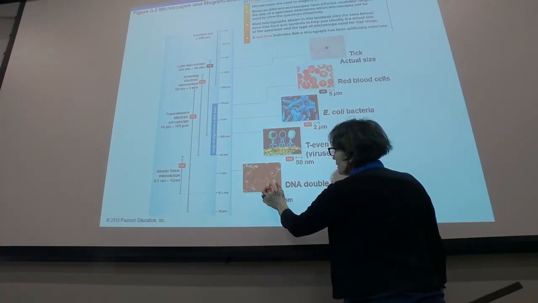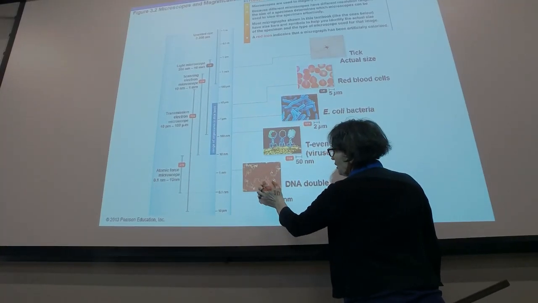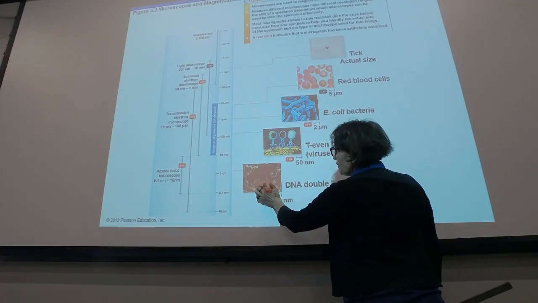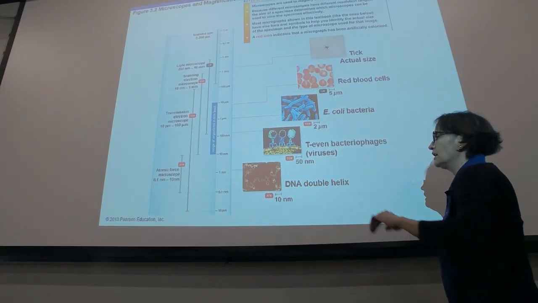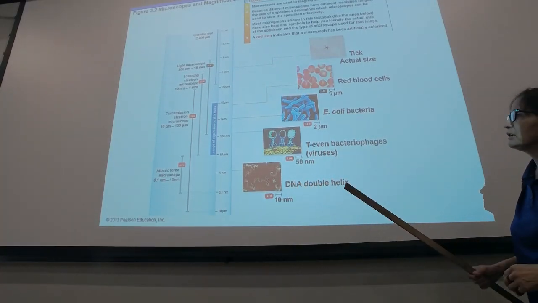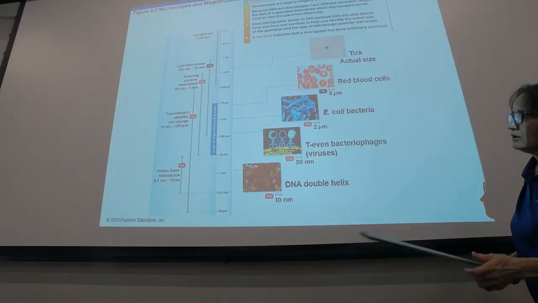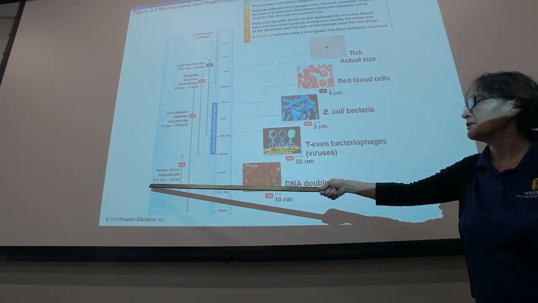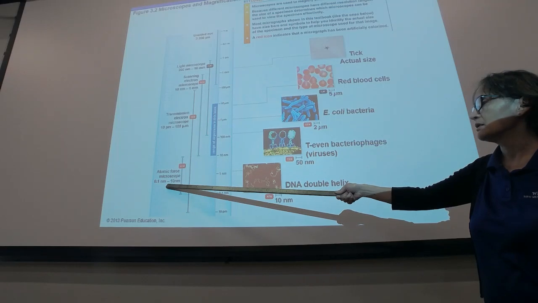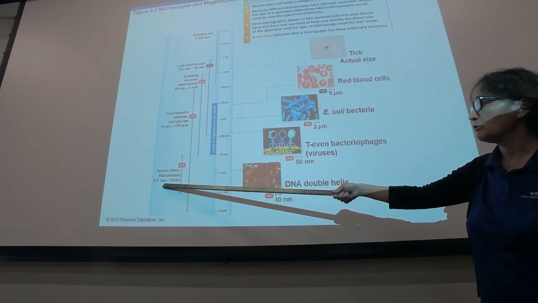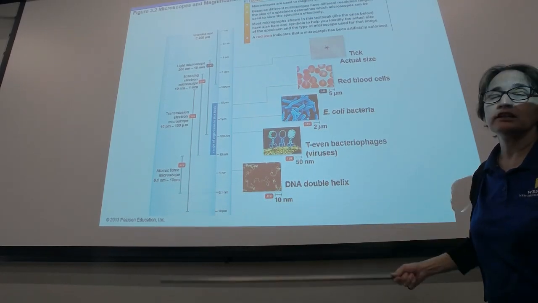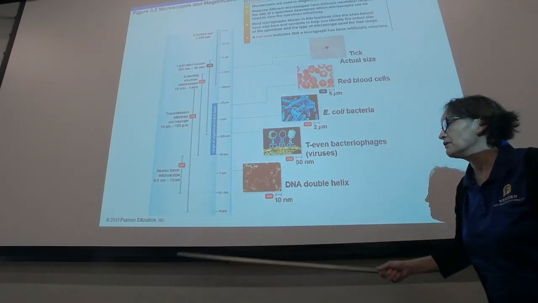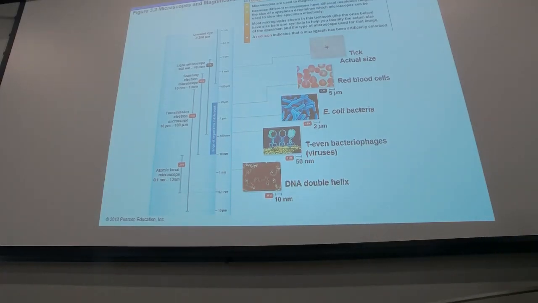So if you extrapolate this bar into here, you can say, well, this piece of DNA measures 10 micrometers, and this is double helix DNA. So an atomic force microscope lets you see objects between 0.1 nanometers, which is 1/10 of a nanometer, and 10 nanometers, which is very small. Any questions?